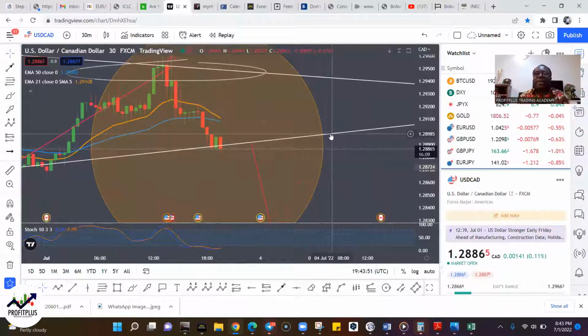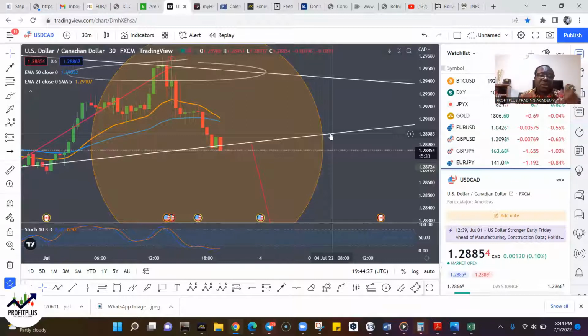All right, you can see how we started from the higher time frame, got a knowledge of the direction, and of course used the Fibonacci retracement to look at various possible turning points in the market. And we have an overall view. USD CAD on the monthly and the weekly time frame is trading between a level of support and resistance, and is expected to break anytime soon because it has touched both ends on the monthly time frame twice.